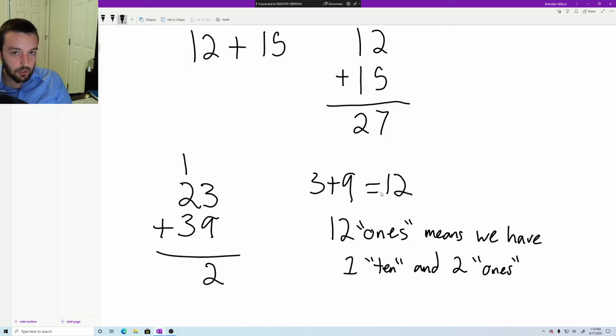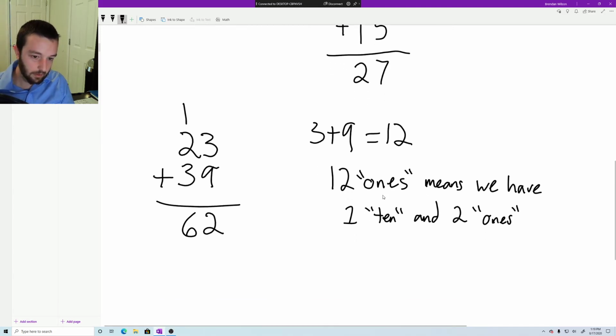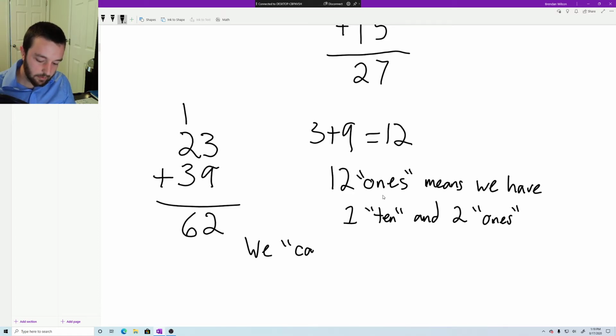So 1 plus 2 is 3, and then plus 3 we have 6. Okay. So overall we get 62. So like I said, that's called carrying the 1. Okay. So we carry the 1.